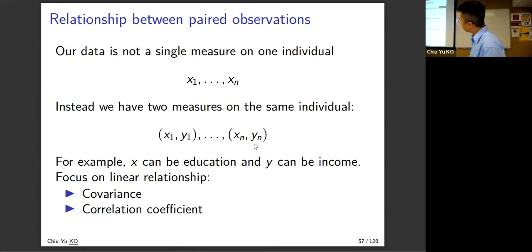And the way we do it is what we call covariance and correlation coefficient. If you consider finance, that's very useful, right? Because you consider portfolio management. You are not considering investing in a single stock.